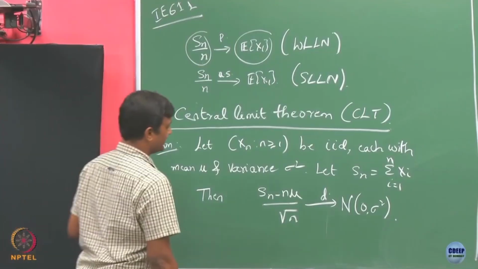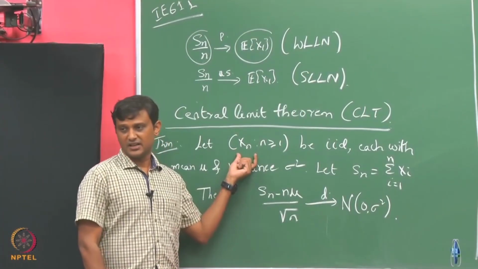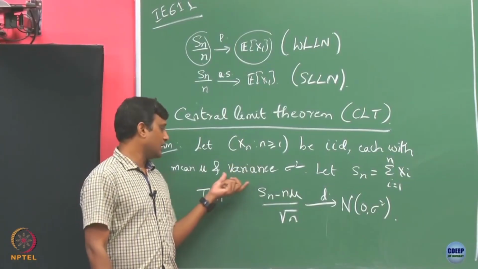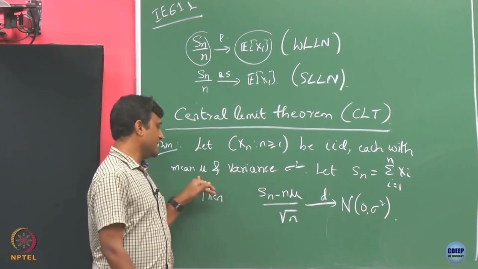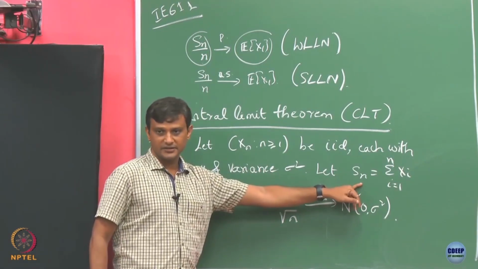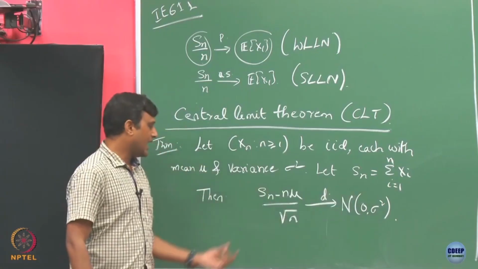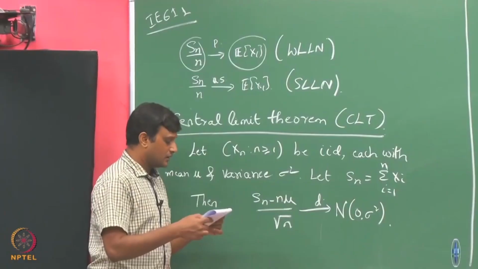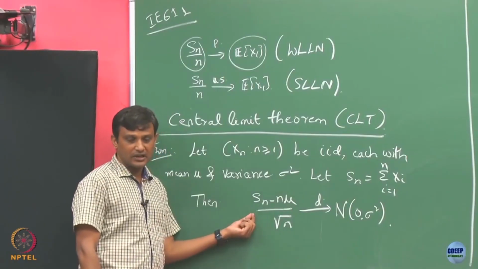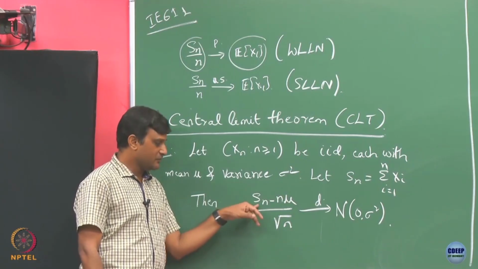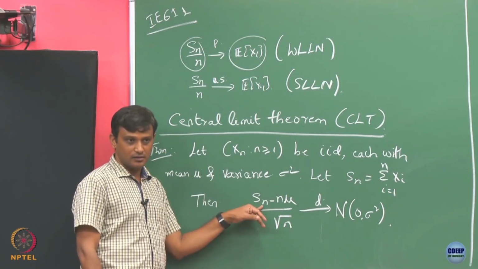So what it says is, let us say we have a sequence of random variables that are IID, and they have mean mu and variance sigma square. If I look at their sum Sn and then look at their normalized sum, I call it normalized because what is the mean of Sn? n mu.